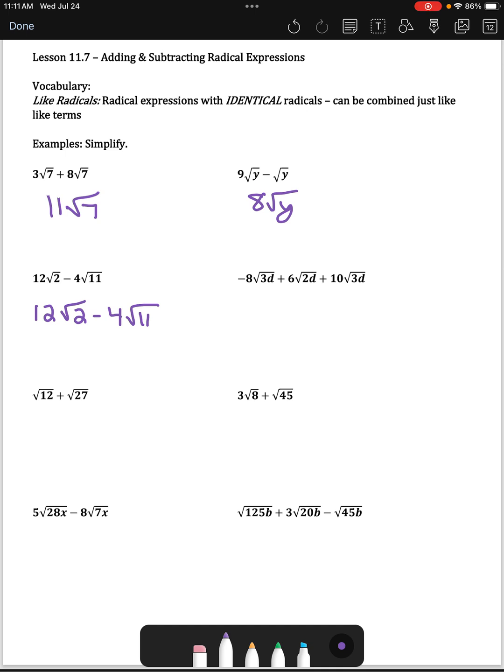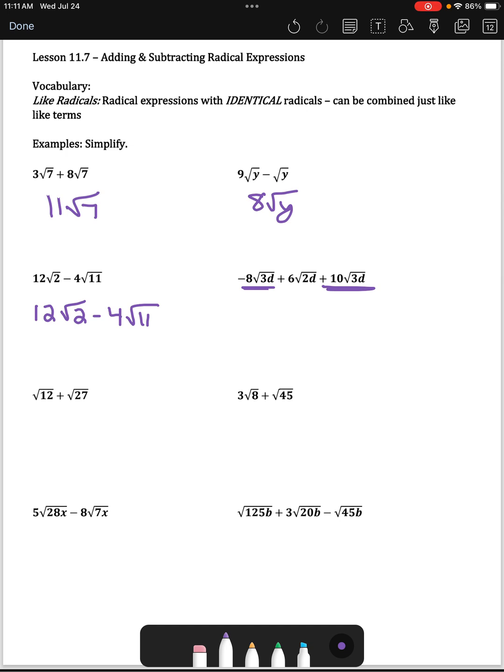In our fourth example, we have root 3d, we have a root 2d, and we have a root 3d. There are 2 of these 3 terms that will cooperate with each other, and they are the guys that both have the root 3d. If you have -8 of a thing, or you owe somebody $8 and then you get $10, presuming you pay them back, you now have $2.